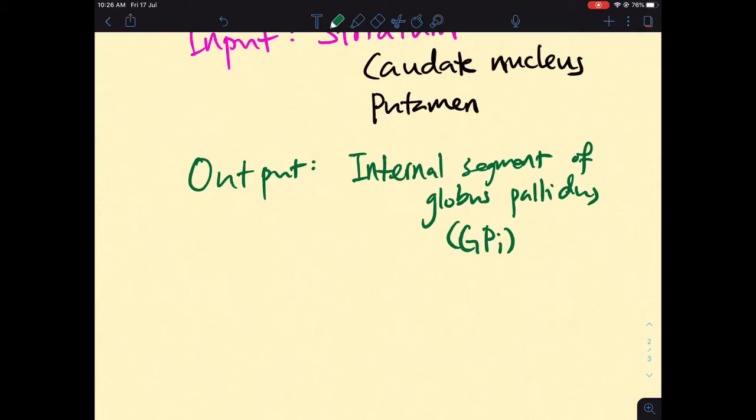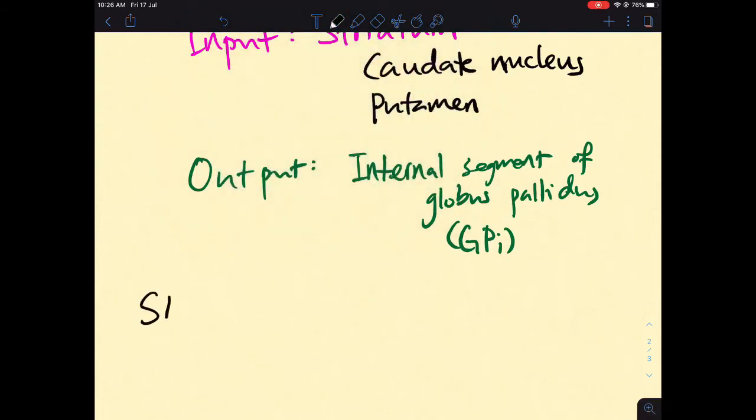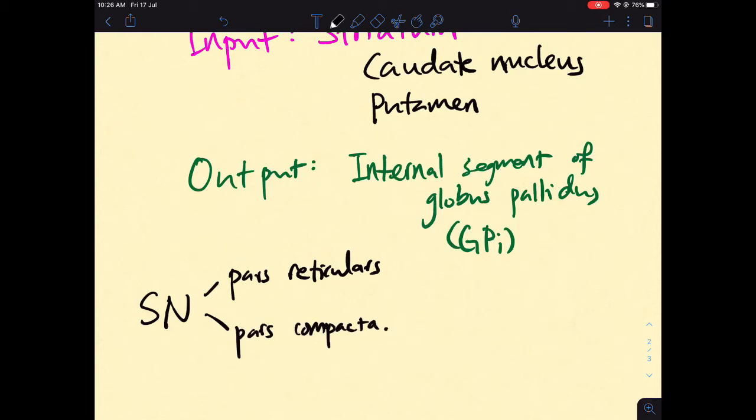I forgot to tell you this about the substantia nigra: it actually has two parts, the pars reticularis and the pars compacta. Pars reticularis is what sends the output fibers to the thalamus.